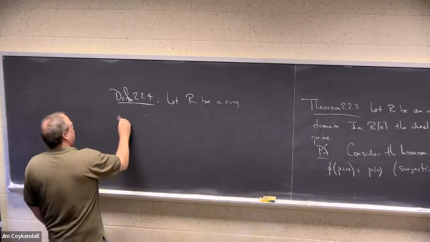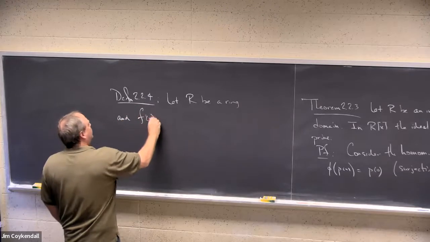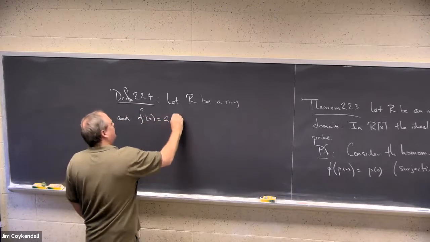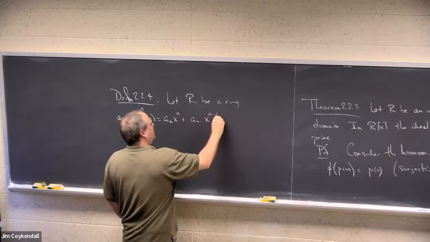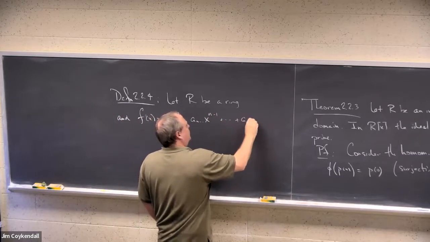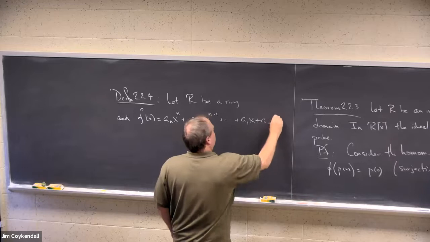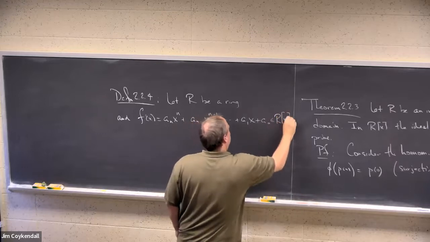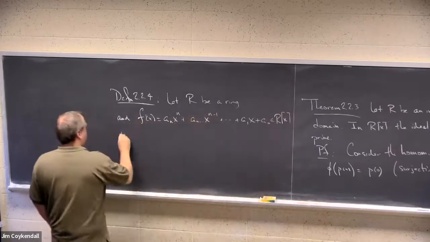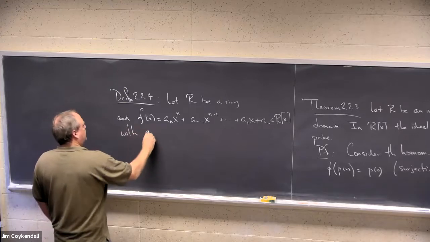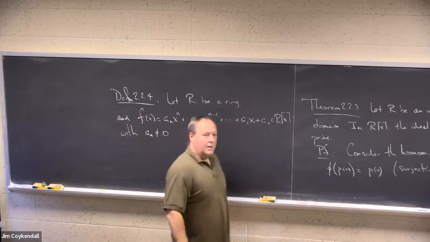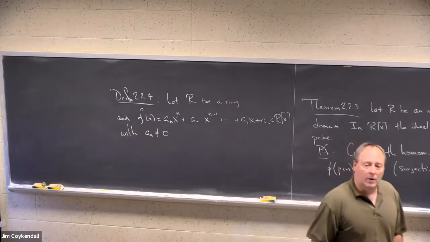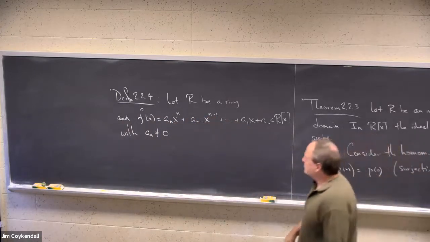And f(x) = a_n x^n + ... + a_1 x + a_0, and that's an important caveat, with a_n not 0.